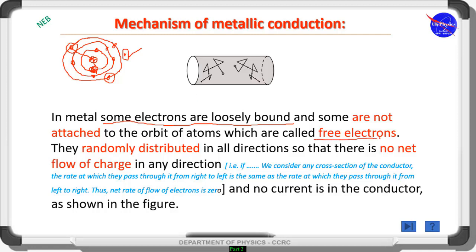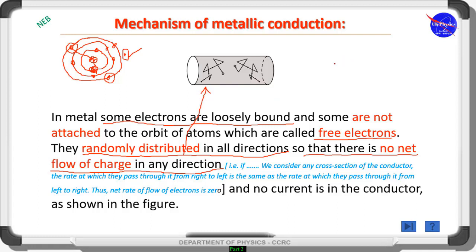So these free electrons are randomly distributed in all directions, that you can see here. The electrons are moving in all directions, so that there is no net flow of charge in any direction.